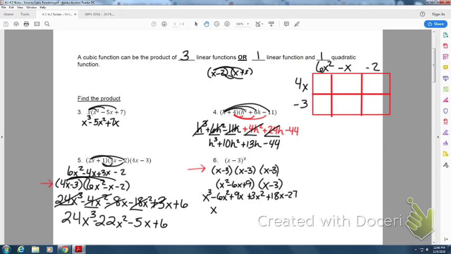And that comes out to, okay, so make that one small adjustment. Negative 3x squared, which changes to negative 9x squared.